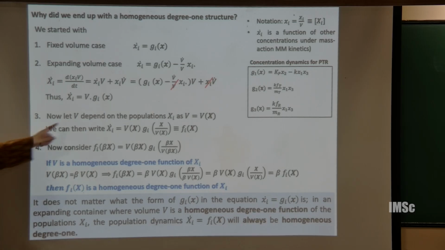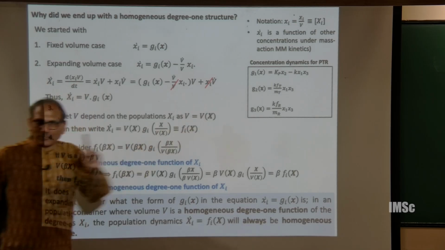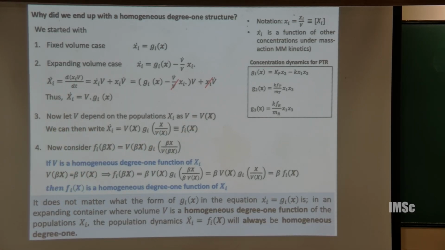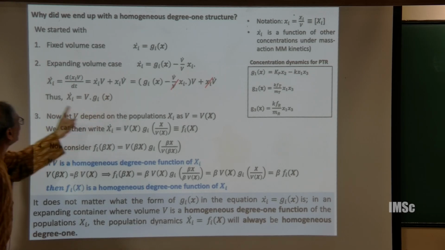Now, let V depend upon Xi in some fashion. Okay, and we'll see what is allowed. Let us elevate V to a dynamical variable, and it depends upon the populations. And let us now look at this set of equations.